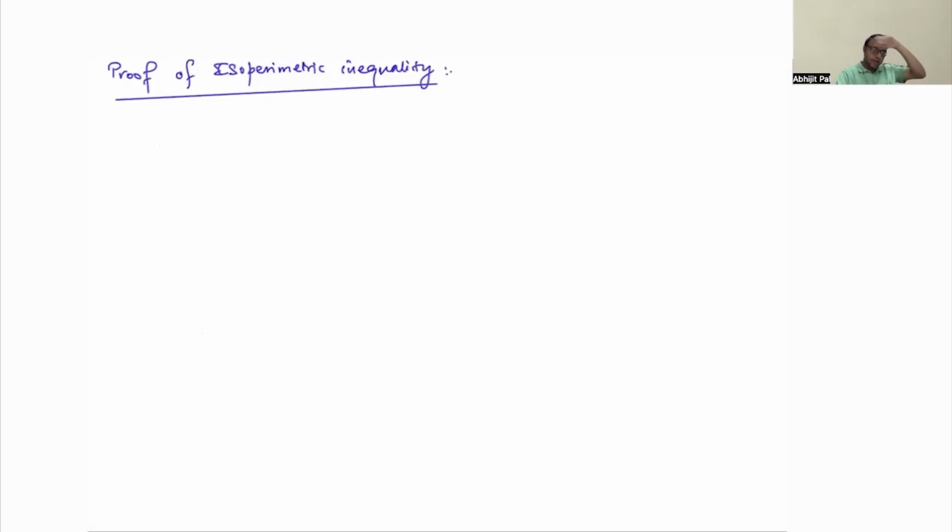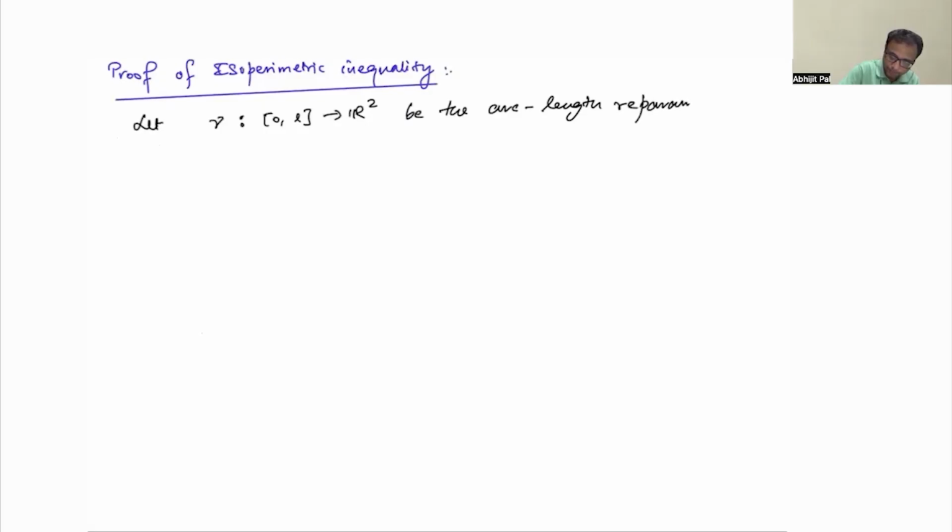Okay. So let gamma be the arc length reparameterization of the curve gamma.